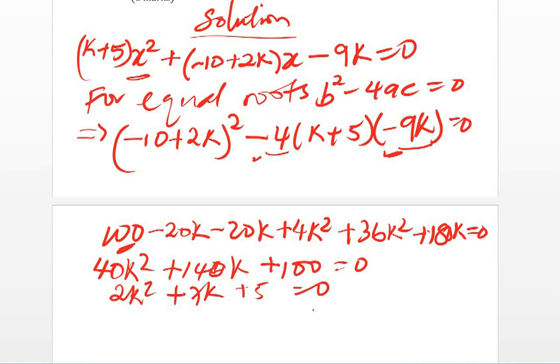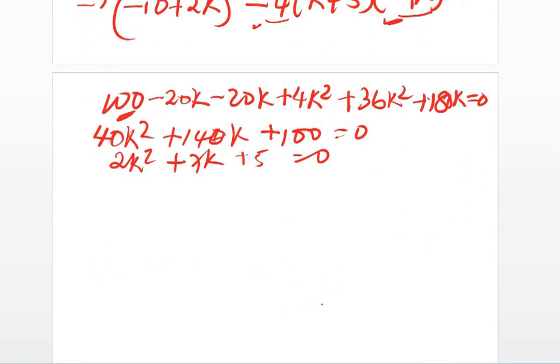Now, what are the factors of 2 times 5, 10? So what are the factors that will add to give 7 and multiply to give 10?